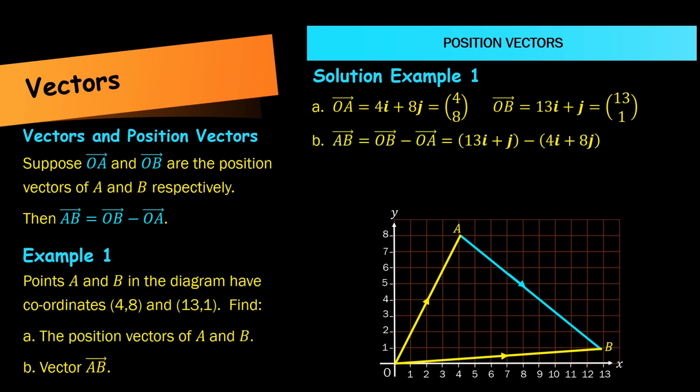Now for part B. AB equals OB, which equals 13i plus j, minus OA, which is 4i plus 8j.